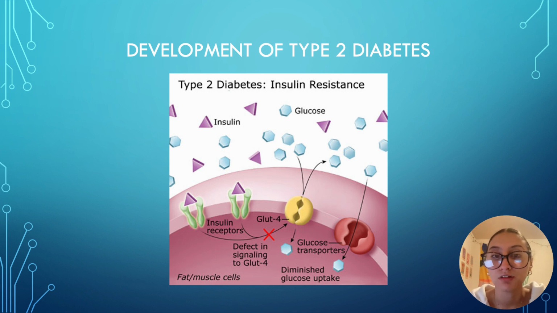Essentially, the body is not responding to the release of insulin, which can be caused by inflammation or other causes. And so once insulin signaling is impaired, glucose is not adequately absorbed by cells and used in metabolic pathways such as glycolysis. This leads to an excess amount of glucose being left in the bloodstream, which is how physicians are able to diagnose diabetes.